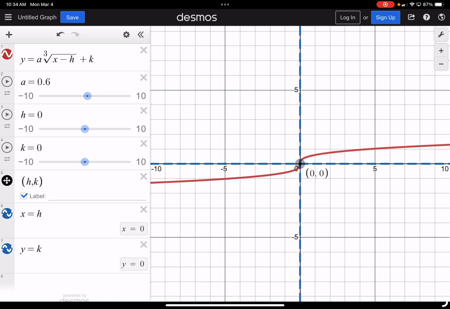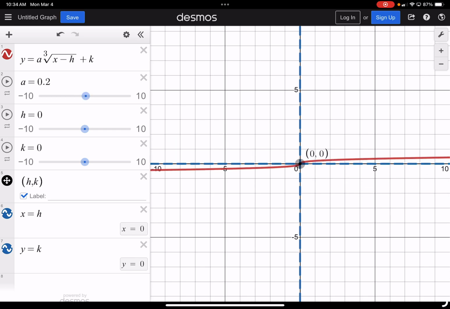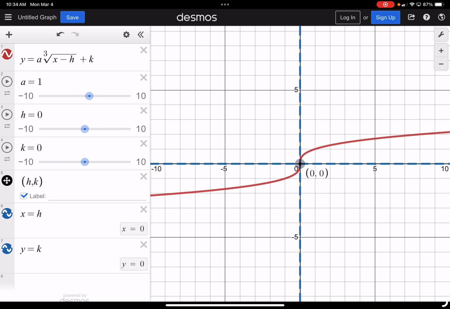If we have a negative value here, say we have negative 1, see how we go over to the right 1 down 1, to the right 8 down 2, and everything just kind of flips. Make sense? So cube root functions operate the exact same way, they just have slightly different proportions because of the cubing function.